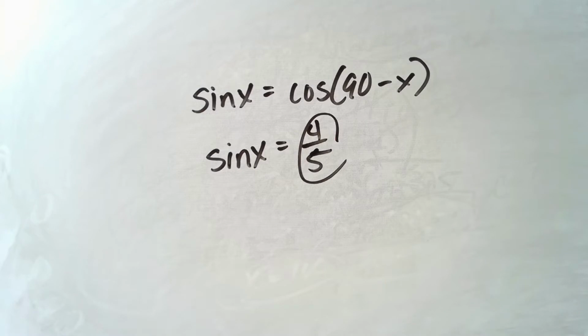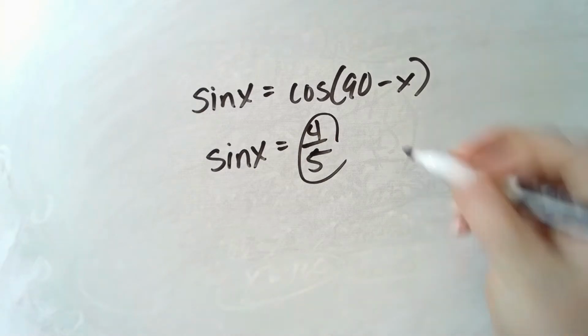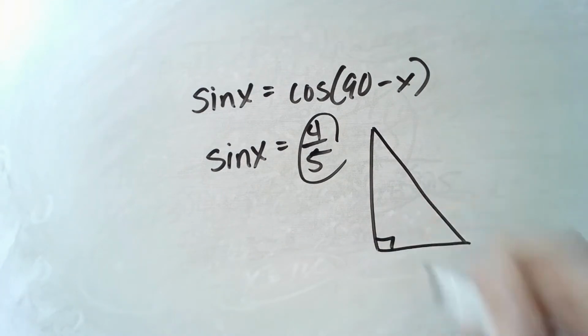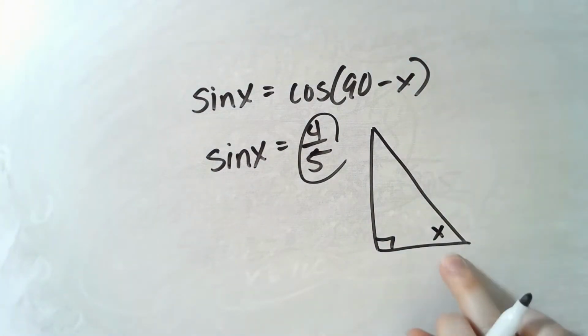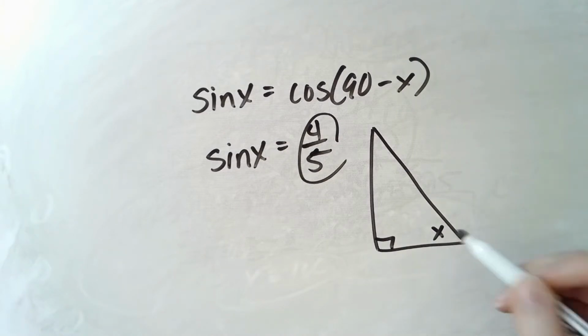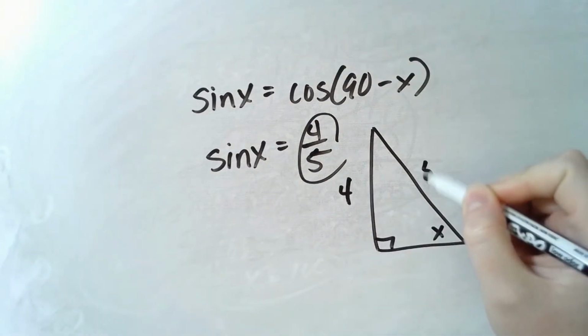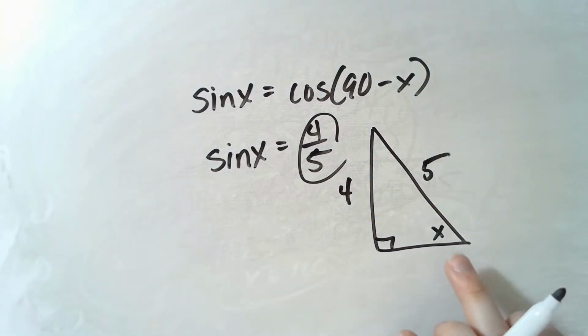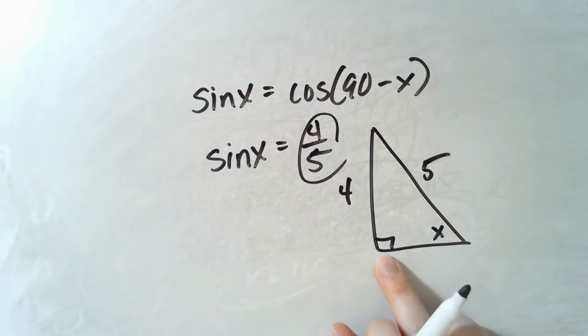If you want to demonstrate for yourself that this is the case, you can still make a right triangle. So we're going to make this angle right here x. And following SOHCAHTOA, sine is opposite over hypotenuse. This is a right triangle, so x plus 90 plus this angle right here have to equal 180.